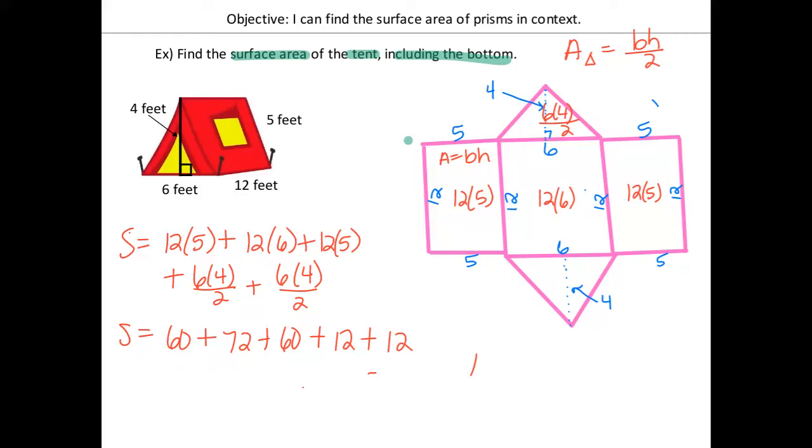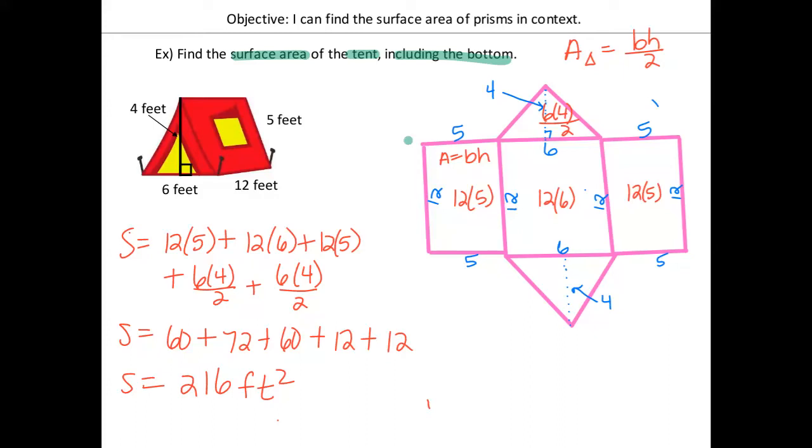And then now you're just going to add everything up. So in your calculator, 60 plus 72 plus 60 plus 12 plus 12. 216. Okay, so 216, and then my units are feet squared.